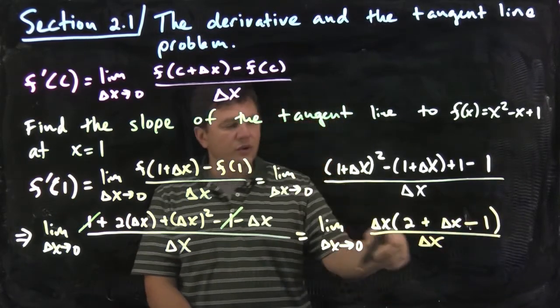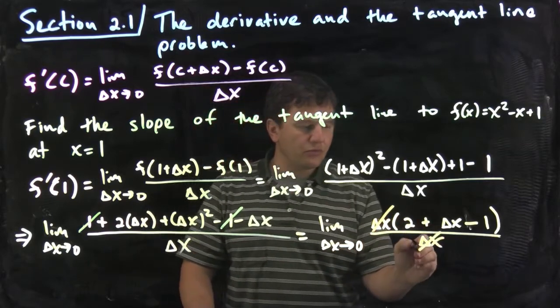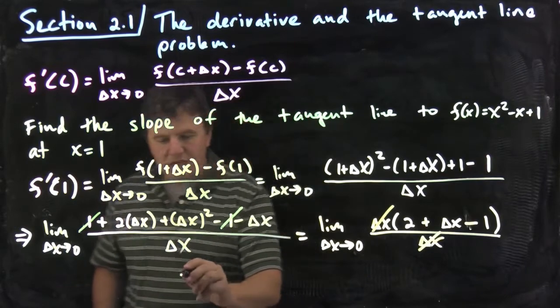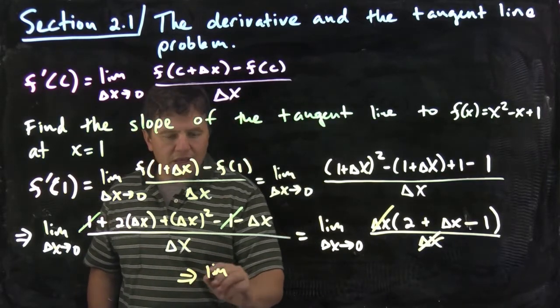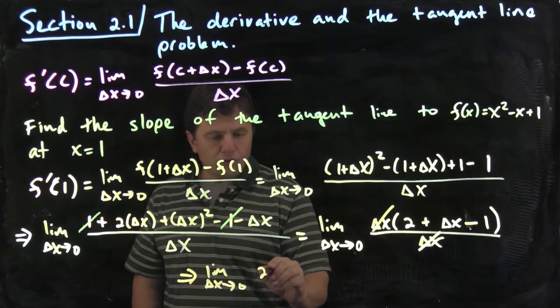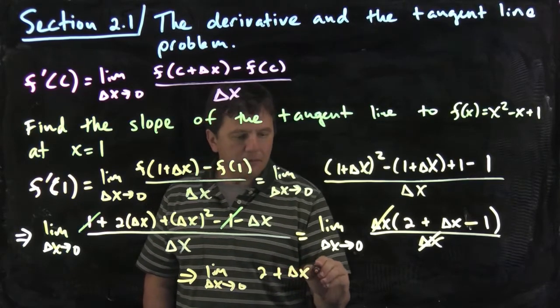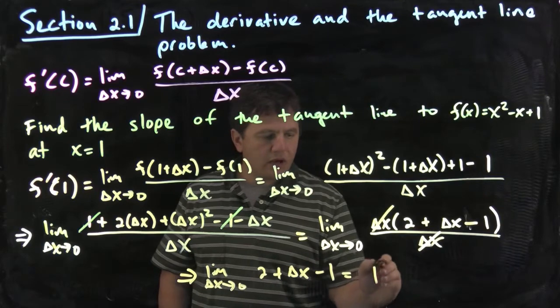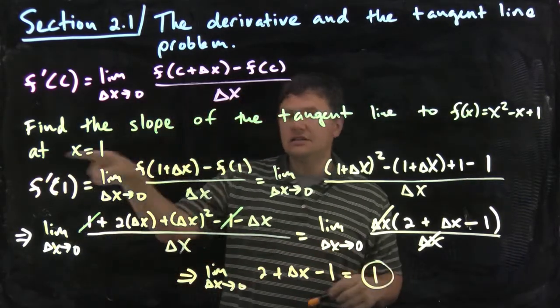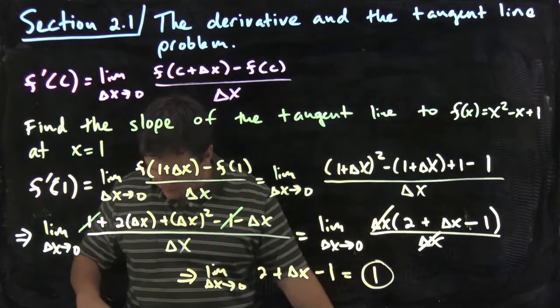Now the whole point is we have that 0 in the denominator, which now is removed. Now there's nothing holding back. I can plug 0 into this. So I'm going to get the limit as delta x goes to 0 of 2 plus delta x minus 1. So I get 1, and that is the slope of my tangent line to this function at x equals 1.